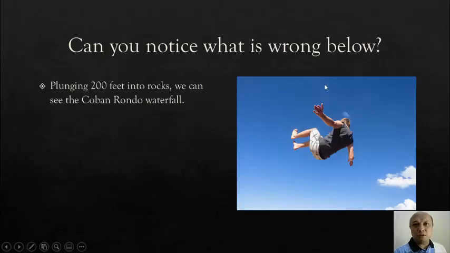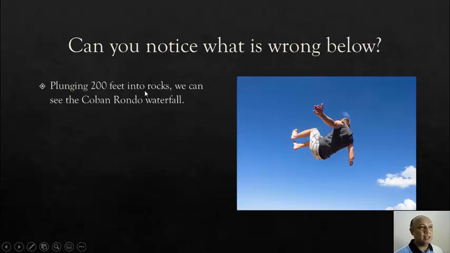Now, can you notice what is wrong below? Plunging 200 feet into rocks, we can see the Chopan Rondo waterfall. Now, if you put it this way, then what happens is like this. We plunge, jatuh, we plunge 200 feet into rocks. Because the subject of the plunging here is the we, right?